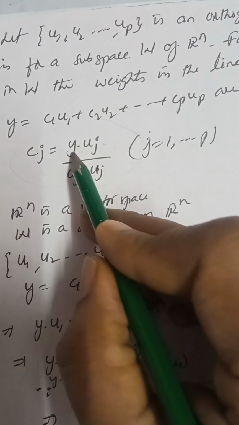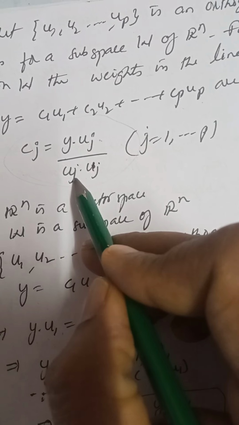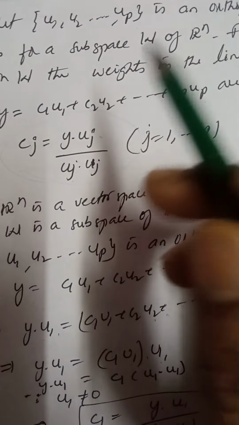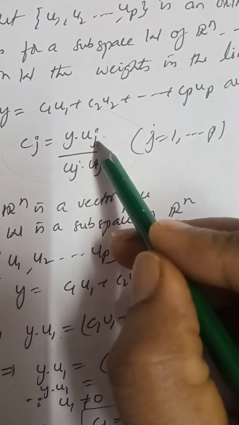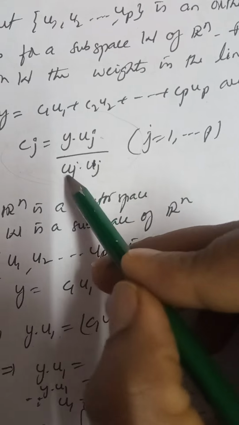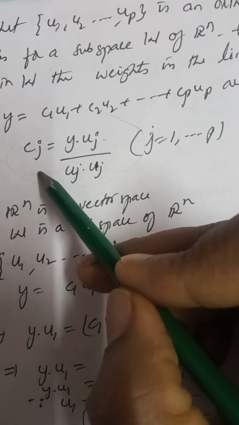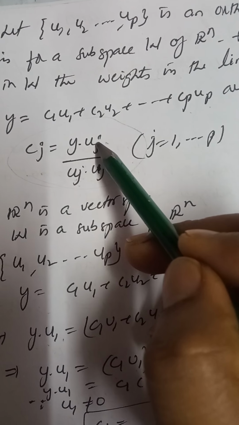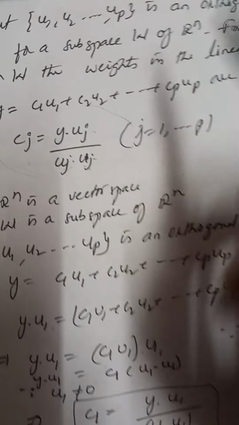C1 is equal to y dot u1 by u1 dot u1. Next, C2 is equal to y dot u2 by u2 dot u2. C3 is equal to y dot u3 by u3 dot u3. This is the inner product.